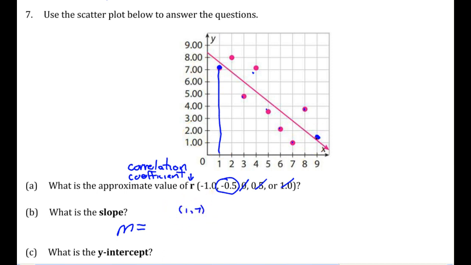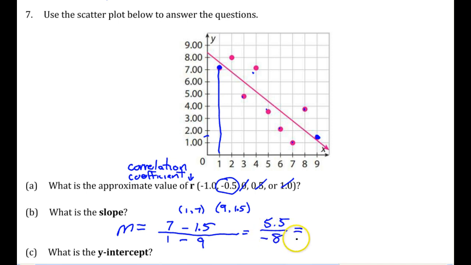And let's say this is (9, 1.5). And I'll find the slope with those 2 coordinates. So we'll have the y's on top: 7 minus 1.5. And the x is on bottom: 1 minus 9. Okay, that will equal 5.5 divided by negative 8.